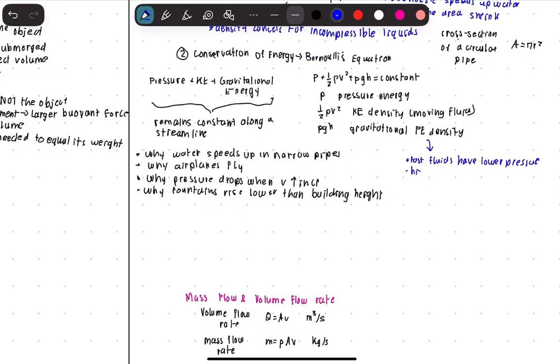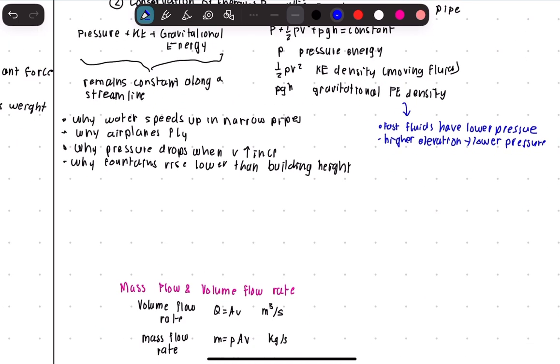Also, higher elevation means lower pressure. Also, higher fluid speed means lower pressure. For example, air over a wing.